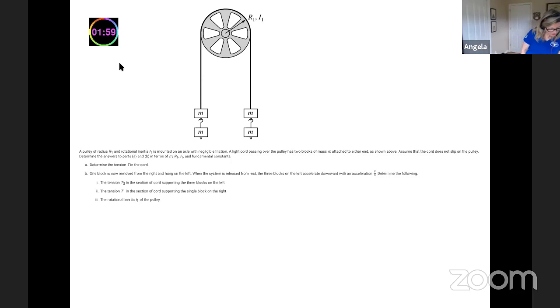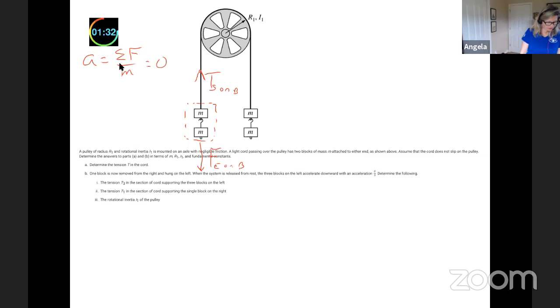Okay, so first we need to find the tension in the cord. So this whole thing is in equilibrium. If we just look at this as our system, you would have tension of the string on the blocks, and you would have the force of the earth on the blocks. And when it's in equilibrium, the acceleration is 0.